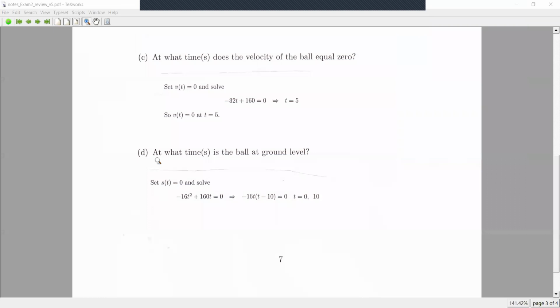Part D. At what time is the ball at ground level? To answer the question, set the position function to 0 and solve this equation. Then we get time is 0 and 10. At these two times, the ball is at ground level.